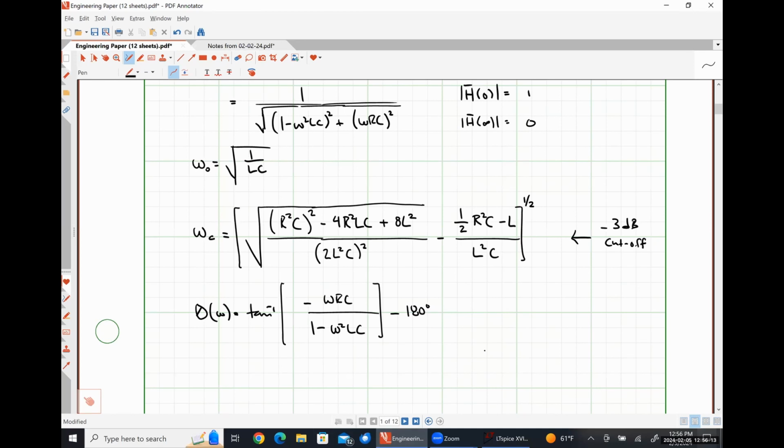That minus 180 degrees there on the outside is what's forcing it to roll off to negative 180 degrees. So if we did something at a very low frequency here, so let's say omega is equal to 0, that's going to look like the inverse tangent of just 0, which still says it's 0.